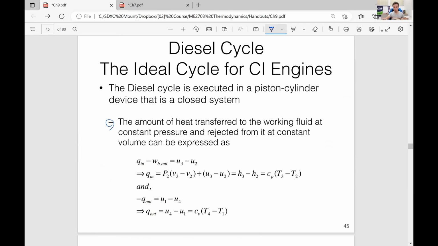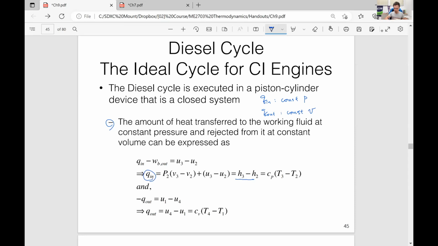The amount of heat transferred to the working fluid at constant pressure and rejected at constant volume. Okay, so Q in is constant pressure and Q out is constant volume.